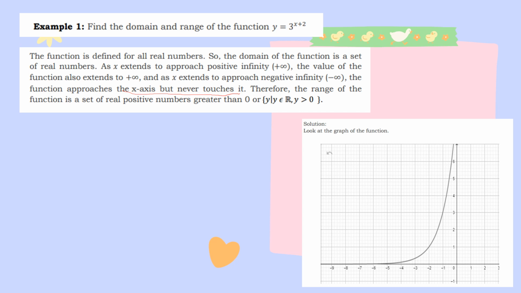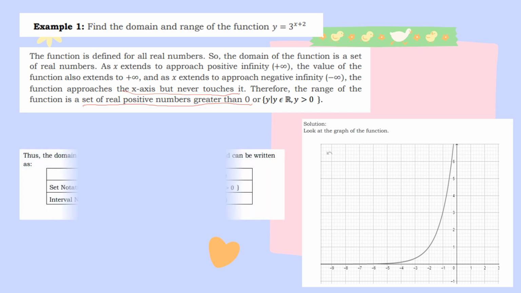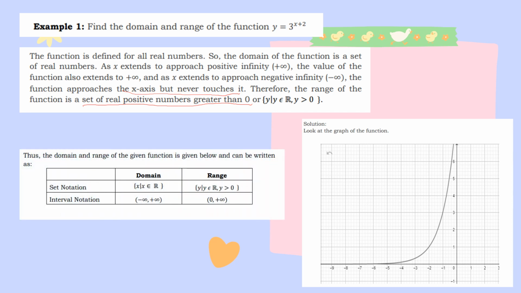That's why ang range niya is the set of real positive numbers greater than 0. So, dito lang siya magmumula. Asymptotic siya sa x-axis going upward. But then, the domain are all real numbers. The range are real numbers also, but greater than 0. And the interval notation is from negative infinity to positive infinity, and the range is 0 to positive infinity.